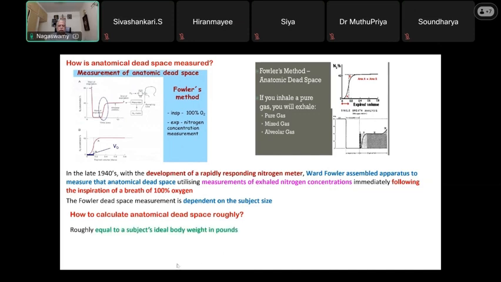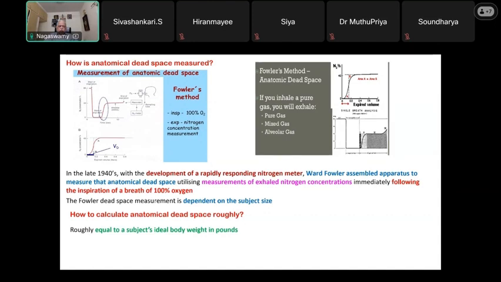Then roughly you can calculate it by body weight in pounds. So if you want to exactly say how much ml of dead space is there, you calculate your body weight in pounds instead of kilograms. How much pounds is 1 kilogram? 2.2, exactly, very good. 2.2 pounds is equal to 1 kilogram.